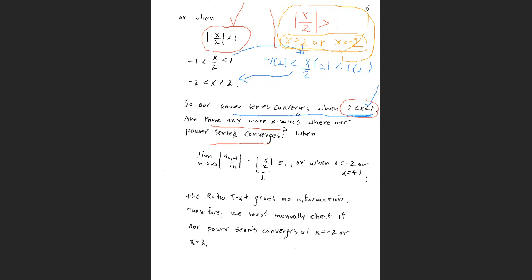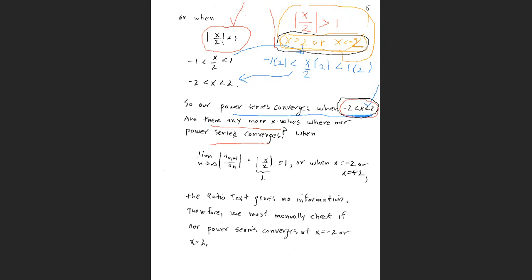And so you can exploit then the fact that when the absolute value of the common ratio is greater than 1, the series diverges, and when the absolute value of the common ratio is less than 1, the series converges. And right now we have information about the power series for when x is greater than 2 and when x is less than -2, and also when x is between -2 and 2.